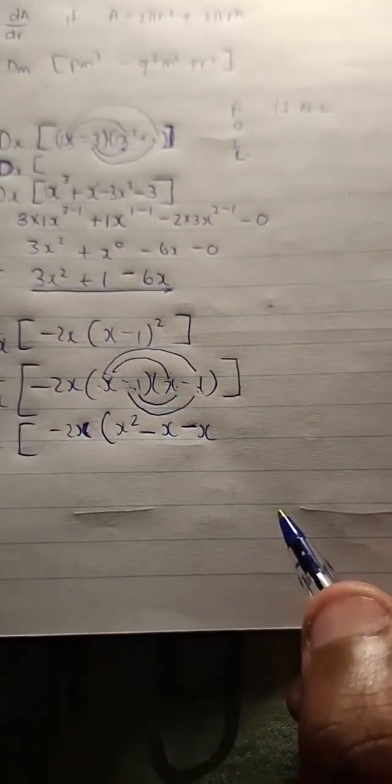Then we take negative 1 times x, negative times a positive is also a negative. 1 times 1 is 1, and then the x there, so another negative x. Then negative 1 times negative 1, we get a positive 1. Okay, so far so good. So negative 2x patiently waits its turn. So we just need to add the like terms there. So x squared minus 2x plus 1 is what we get inside there.